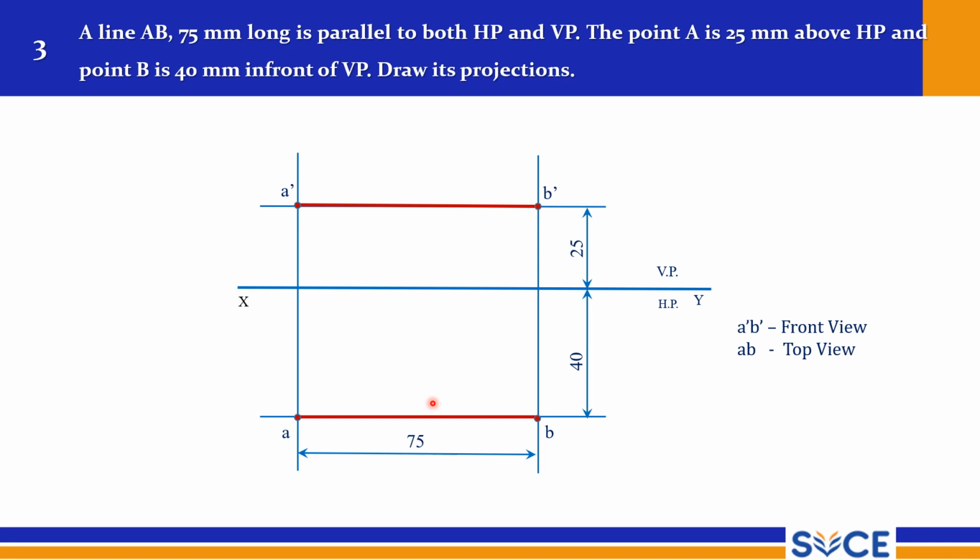A dash B dash is the front view, AB is the top view, and don't forget to mention that all dimensions are in mm. Only one unit we are using here, that is millimeters.